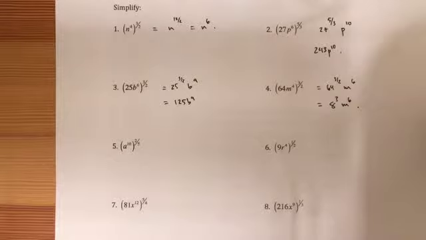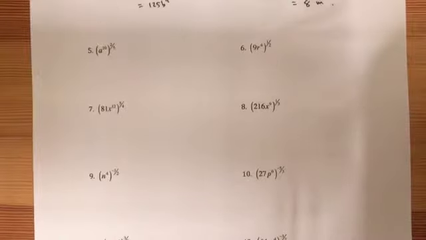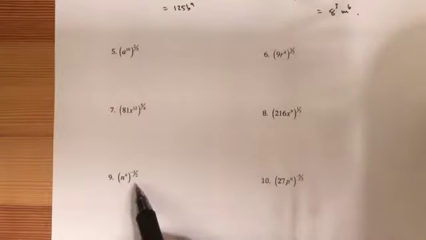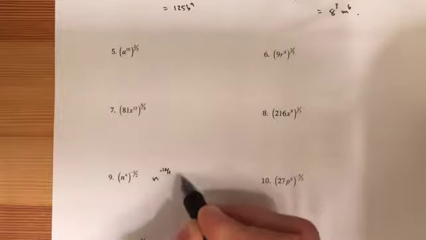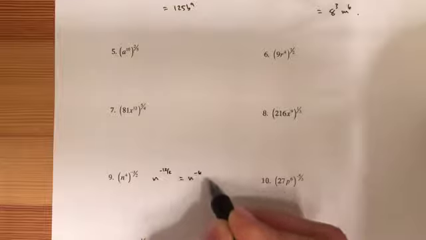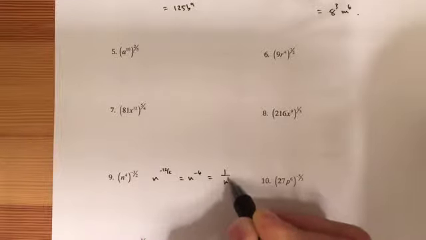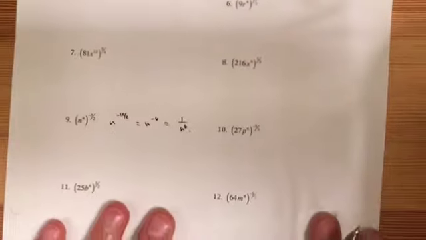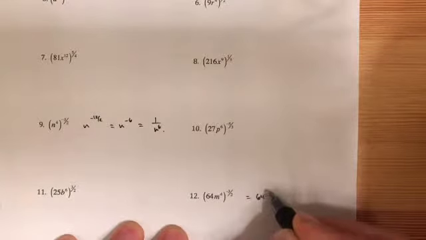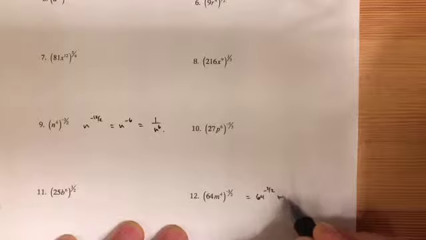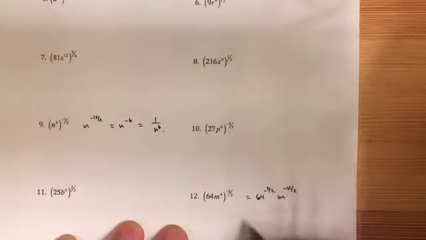Okay. From here, I think you can probably do these. We'll look at this example right here. This is going to be n to the negative 12 over 2, or n to the negative 6th, or 1 over n to the 6th. Number 12 here would be 64 to the negative 3/2 times m to the negative 12/2, which is 1 over 64 to the 3/2 times m to the 6th.